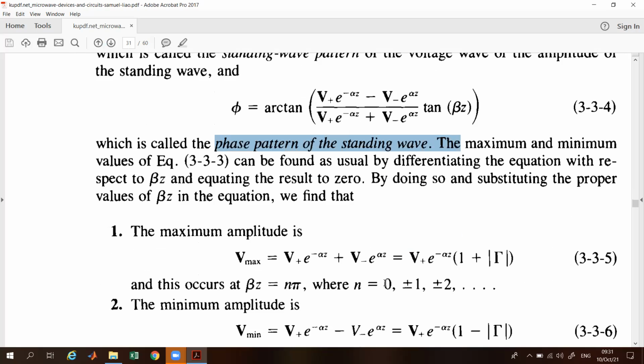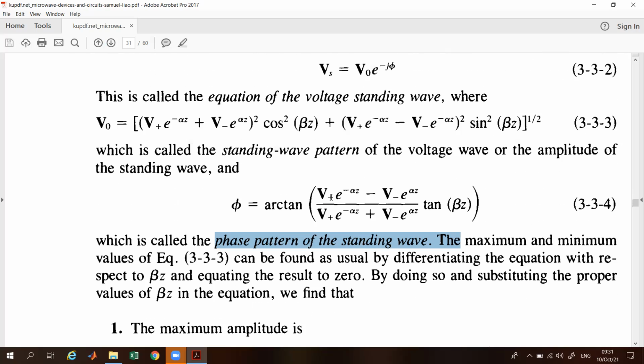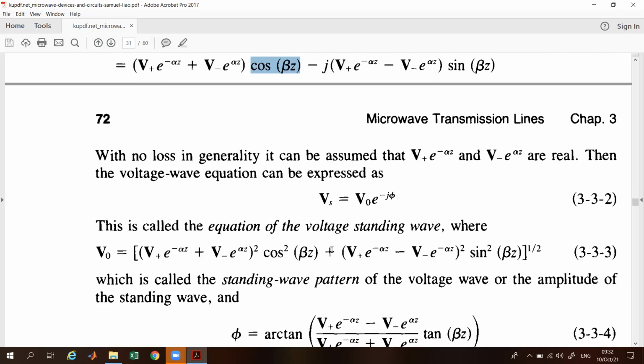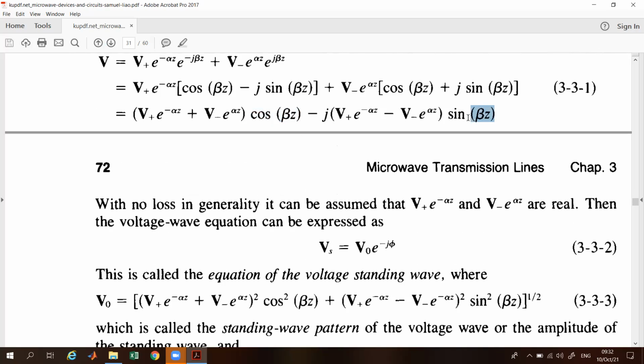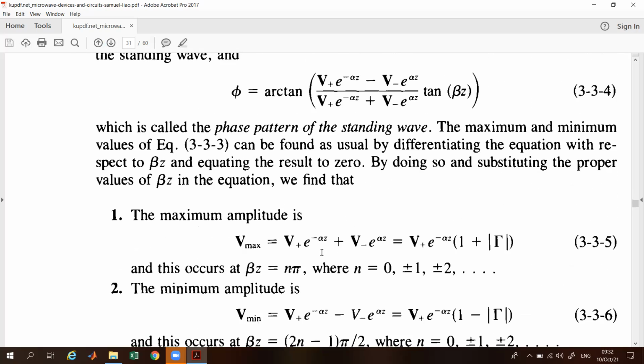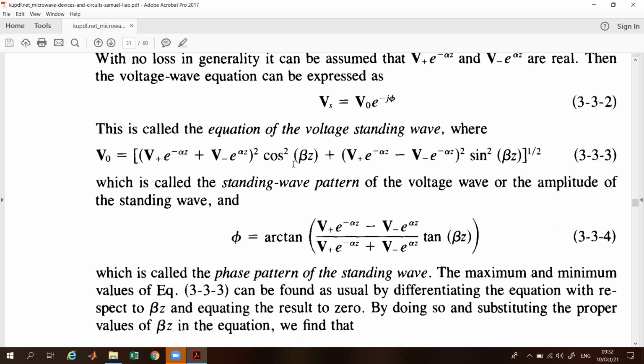When you need to find this, we differentiate this equation with respect to z, not only cos βz. Then we have the condition of maxima and minima.